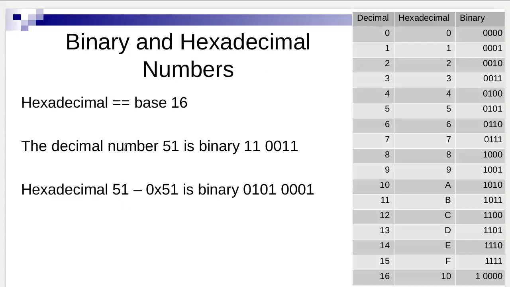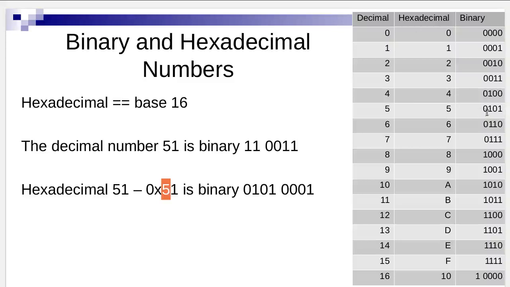Okay, so the decimal number 51 is binary 110011. If 51 is actually a hexadecimal number, we usually write this with a 0x, meaning base 16 or hexadecimal. And so this turns out to be easier to convert to binary, and that is why we actually use hexadecimal. So 5, you can tell from here, is just 0101.